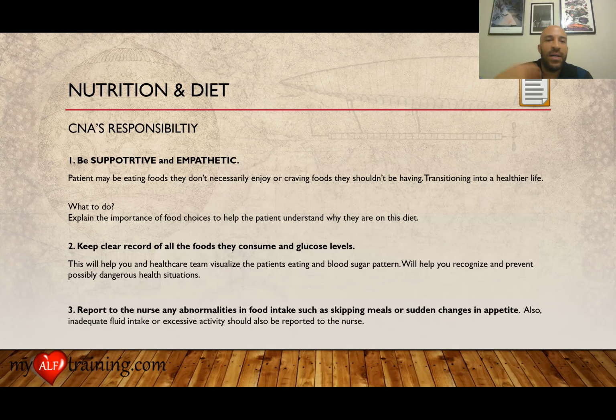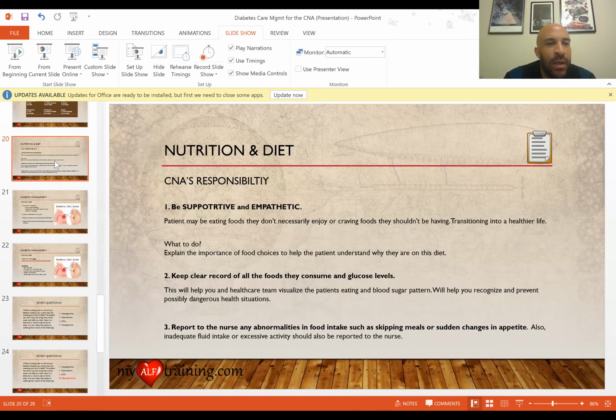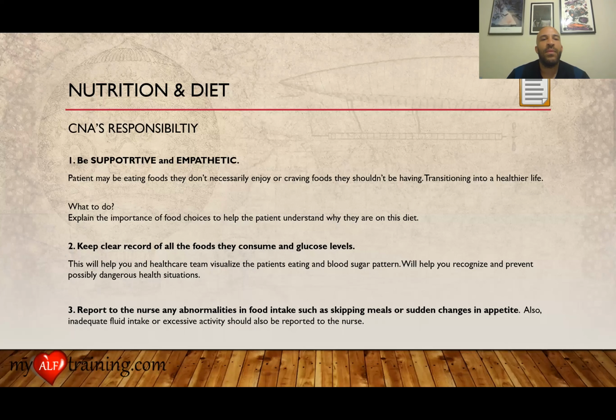Now, continuing on with nutrition and diet. Nutrition and diet, CNA's responsibility. I keep talking about your responsibility, what your role is, because I feel like without knowing what your role is, you kind of just go with the flow.